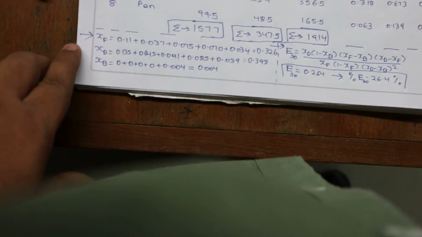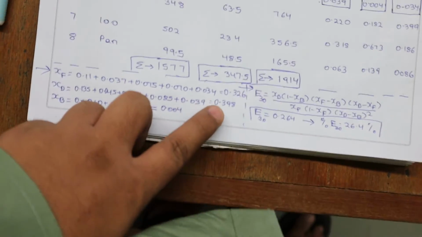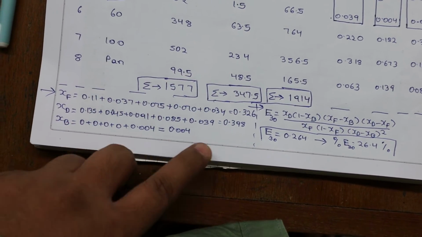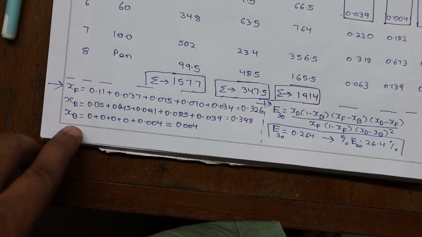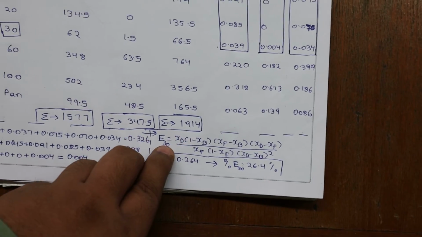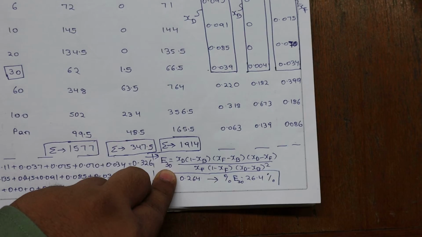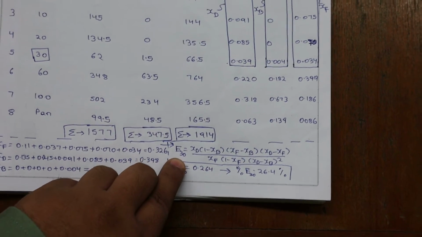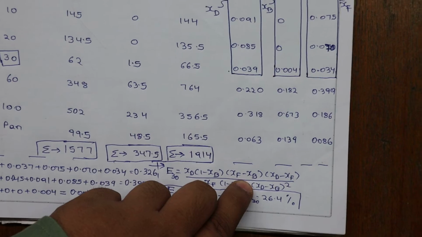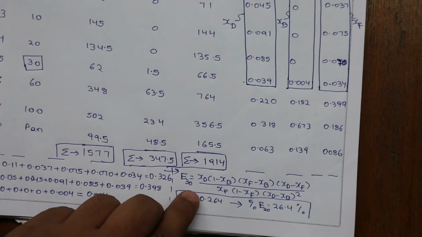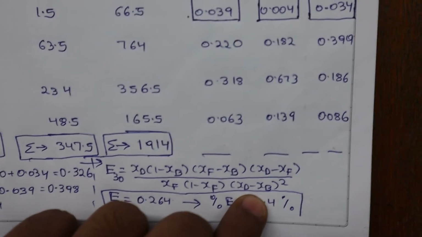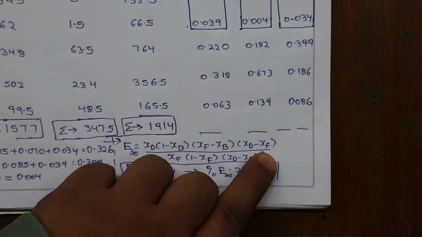Once you know XF is 0.326, XD is 0.398, and XB is 0.004, put all this in the effectiveness formula. The effectiveness of screen number 30 is XD into (1 minus XB), times (XF minus XB), times (XD minus XF), divided by XF, times (1 minus XF), times (XD minus XB) whole squared.